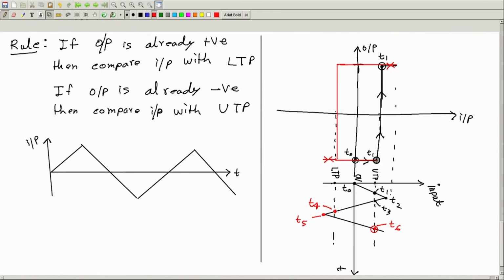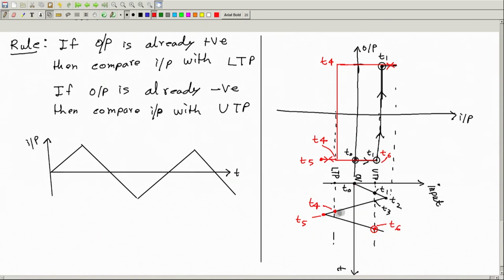I forgot to write these times. This is T4, the time when input goes below the lower trigger point. This point is also T4. T5 is this point, and T6 will be this point, same as T1.